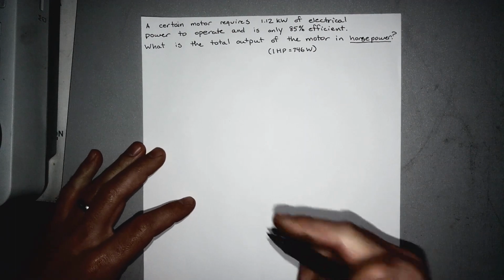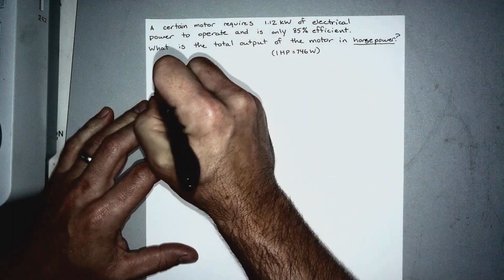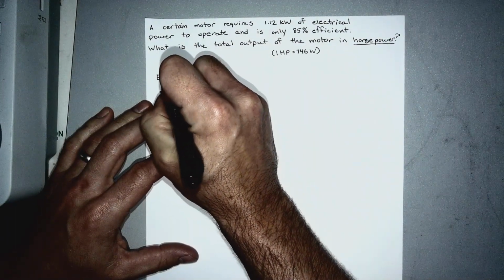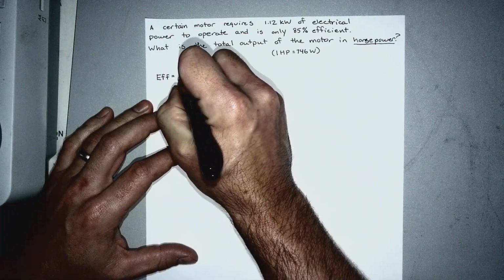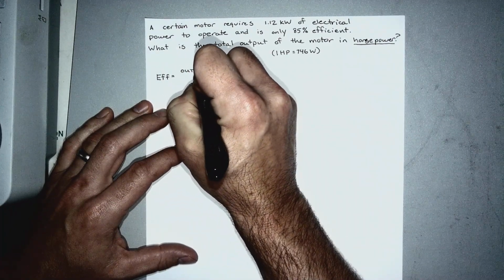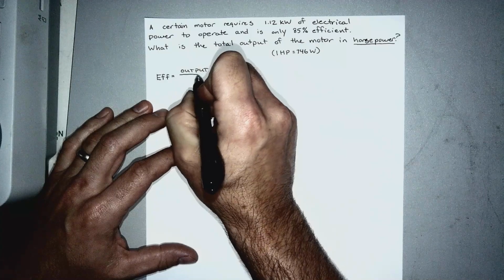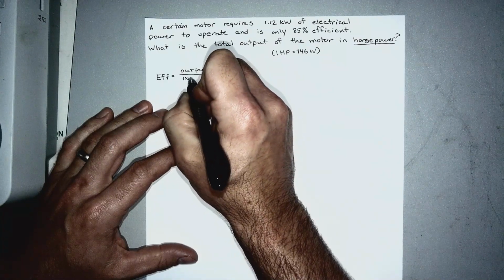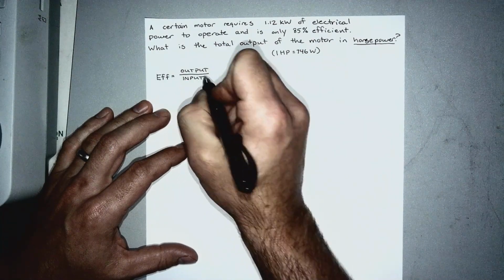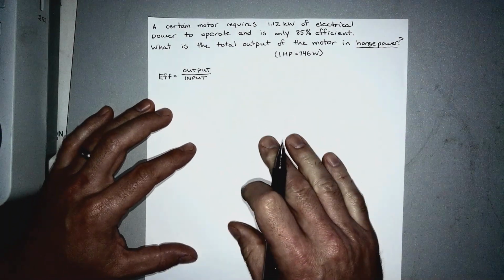So just like all the previous ones, we want to write down our efficiency equation, which is efficiency equals output over input. And we just write down what we know.